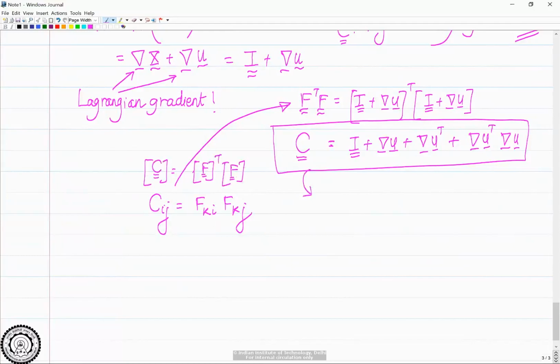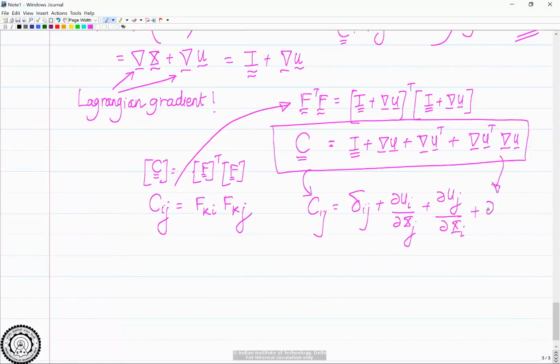And from here Cij is delta ij plus del ui over del Xj plus del uj over del Xi plus, here is the quadratic term. This is quite interesting.